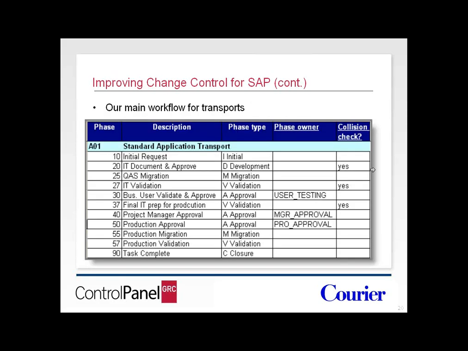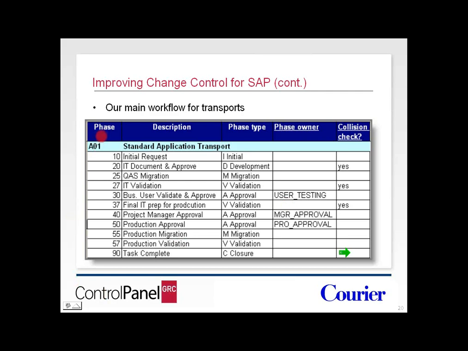So here's an example of our most used workflow. You can see here that we've got phases up at the top. Let me see if I can get that pointer back. There we go.